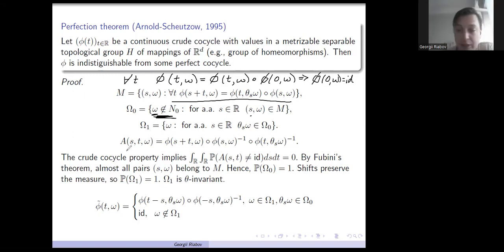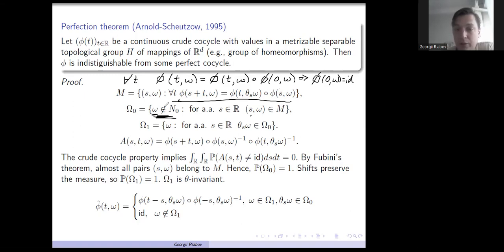To show this, let's look at the mapping A. So A is just the cocycle equation, but we take the right side to the left side. Yes, so A is the composition of φ(s+t, ω), φ(s, ω) inverse, and φ(t, θs ω) inverse.